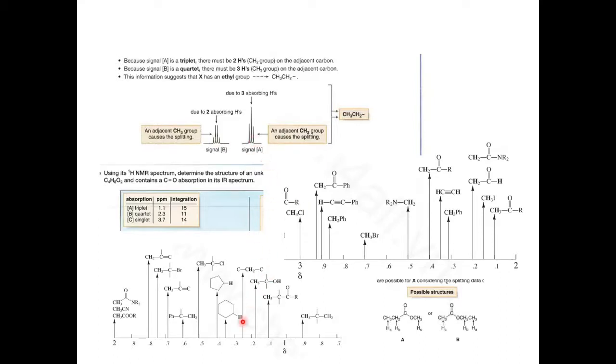And next is how you join the backbone. This is helpful from this table. 2.3 is the CH2CO, then CH3, and just skip this, add one carbon here, then CO give 1.1, this is also given 1.1.